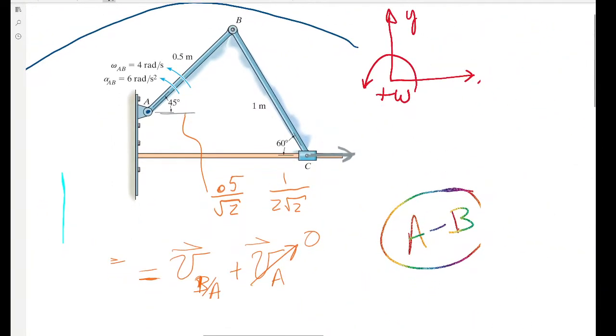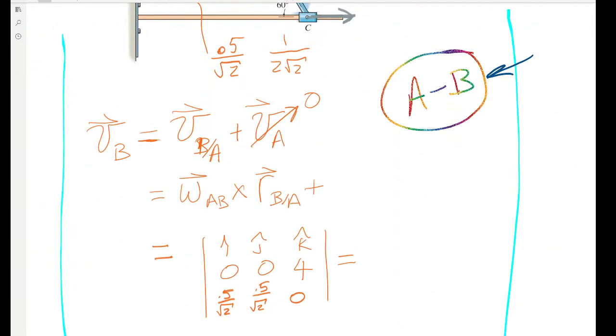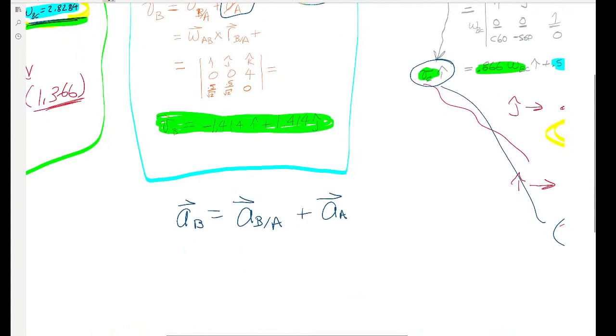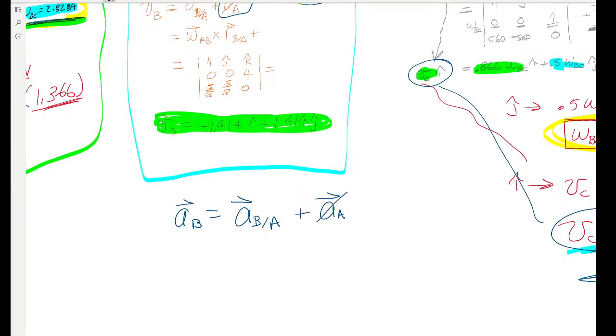Point A is not moving at all. So previously we found that.